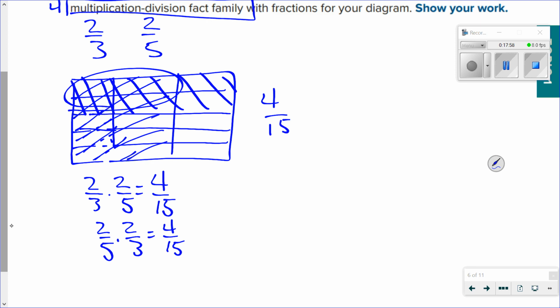So commutative property of multiplication says, doesn't matter which one I multiply first, I still get the same answer. Now I can turn this into a division fact by starting with my answer, 4/15, and dividing by 2/3, and then 2/5.